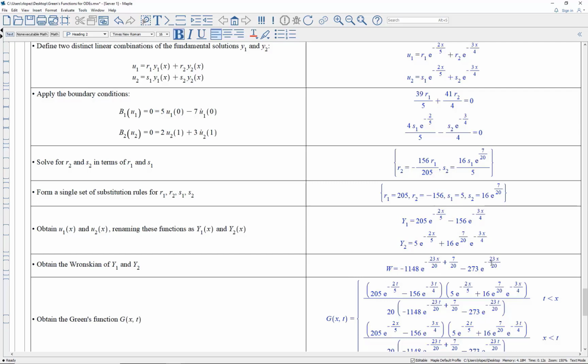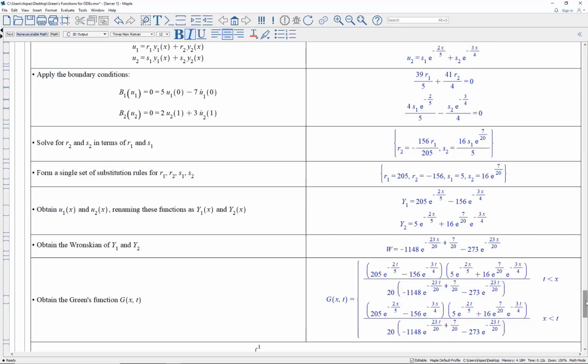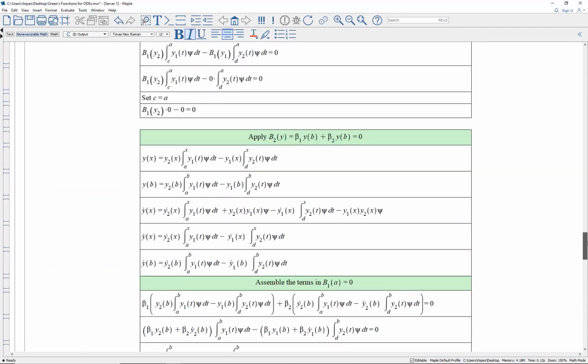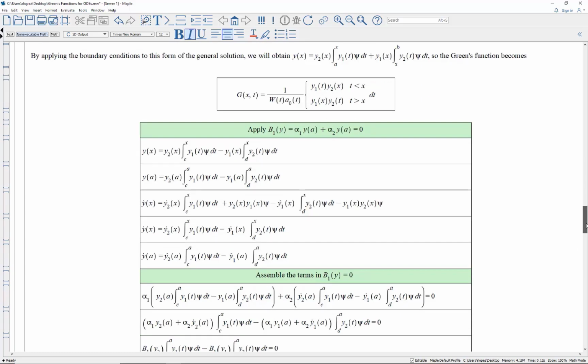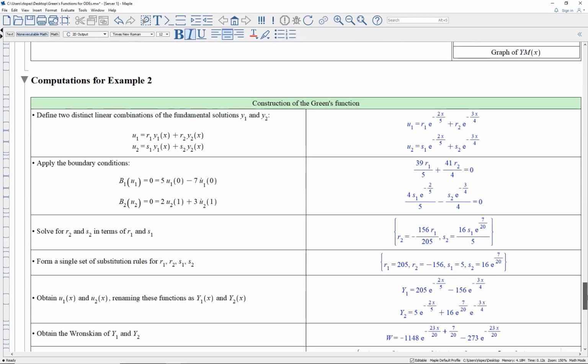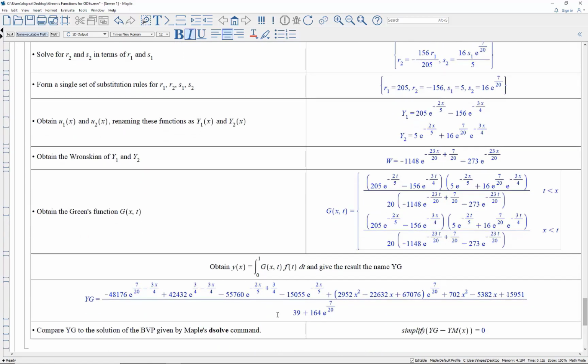Here is the Wronskian. I then paste together this Green's function, which is formed according to this recipe that we saw way back here: Y1, Y2, Y1, Y2, t, x, x, t. You paste that together, right?